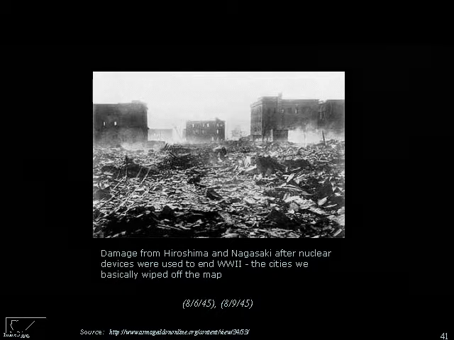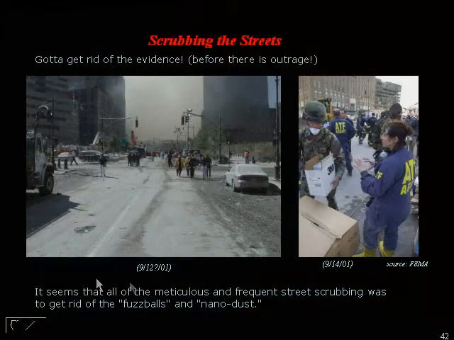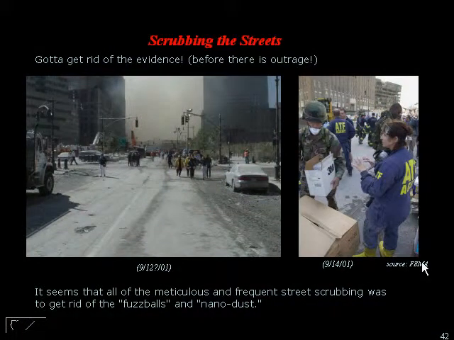Here's the street, cleaned. Street sweepers out scrubbing the streets, in the way, impeding emergency vehicles. Aren't they down there looking for survivors? No, they're scrubbing the streets first. And here in this picture on the right, it looks like they scrubbed it with a toothbrush. Out here, but there is some crud over here.